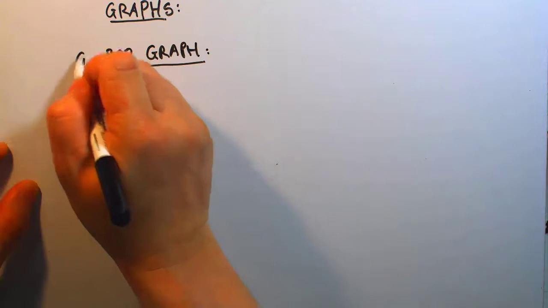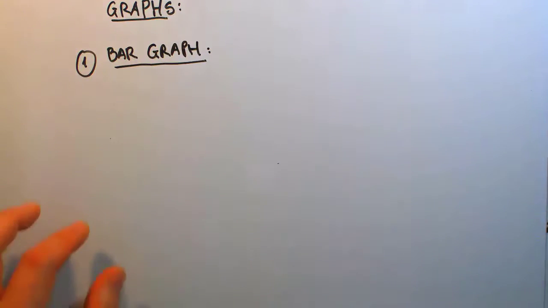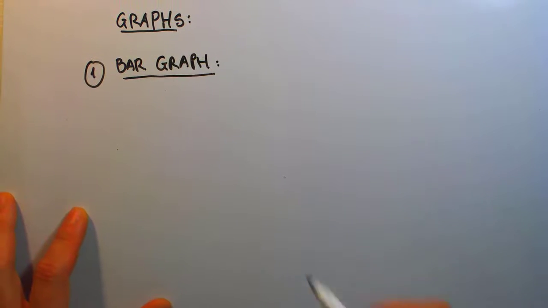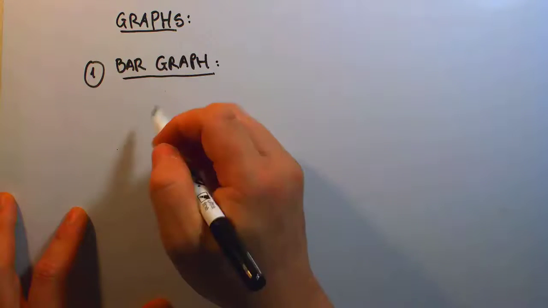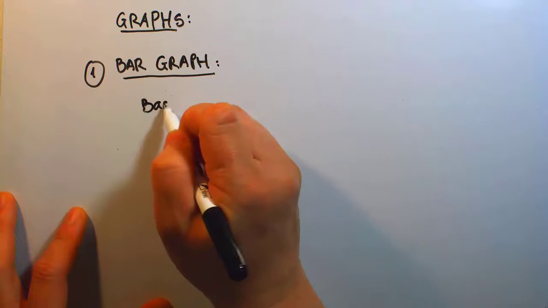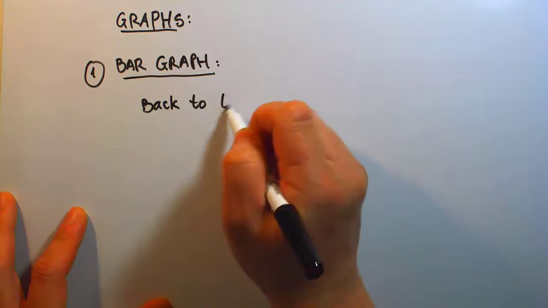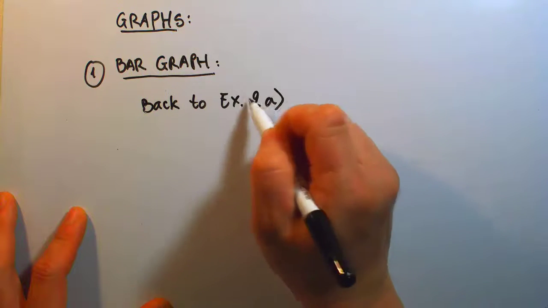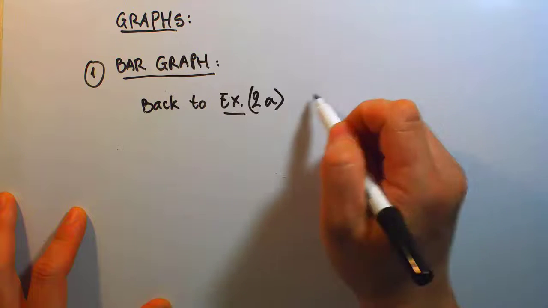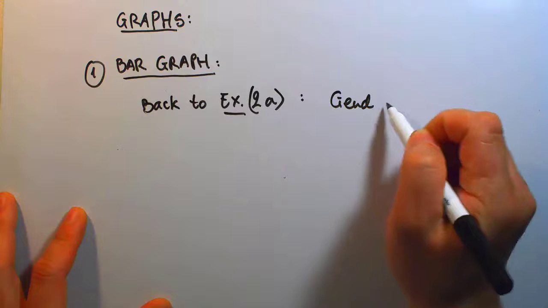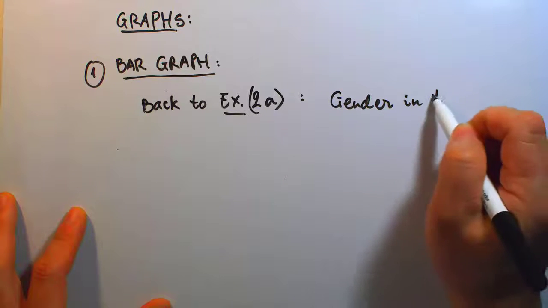And so to quickly understand how to construct a bar graph out of categorical data, let me just quickly put up that example. Let's look back to that example 2a that we had, where the data was gender in the picture.